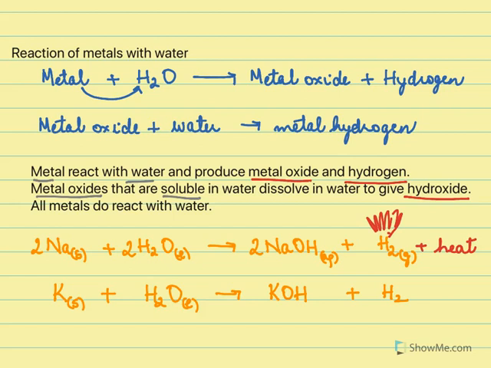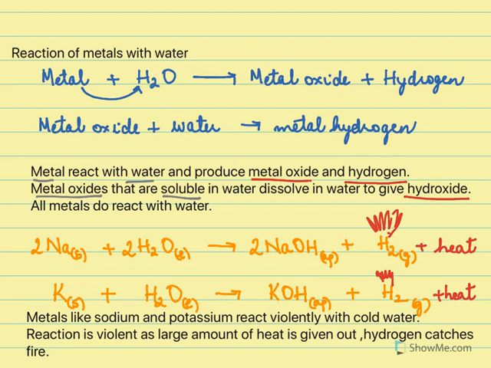Water is a liquid. This is in aqueous form, dissolved in water because it's soluble in water, and this is gaseous. Here again, it's a highly exothermic reaction. A large amount of heat is given, and this heat burns the hydrogen. And to balance the reaction is same. You've got 2, 2 and 2.